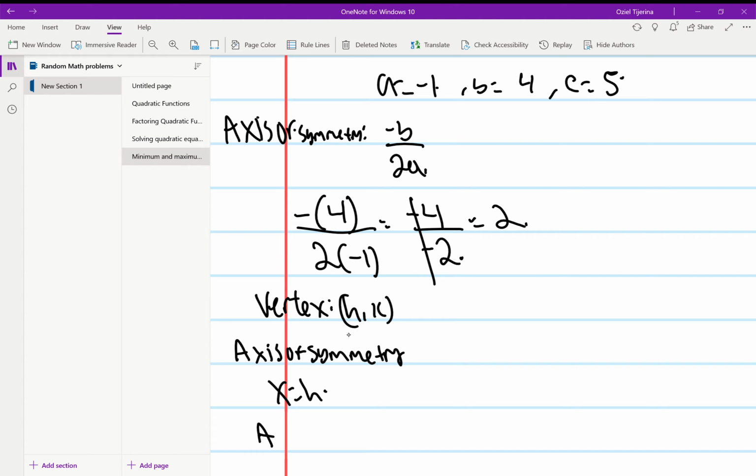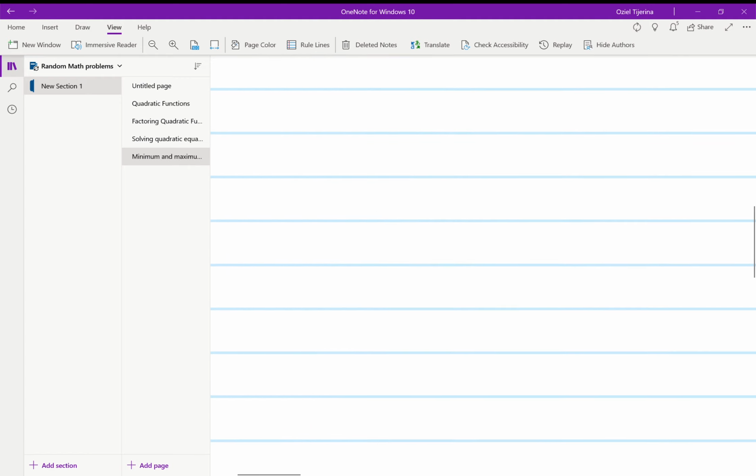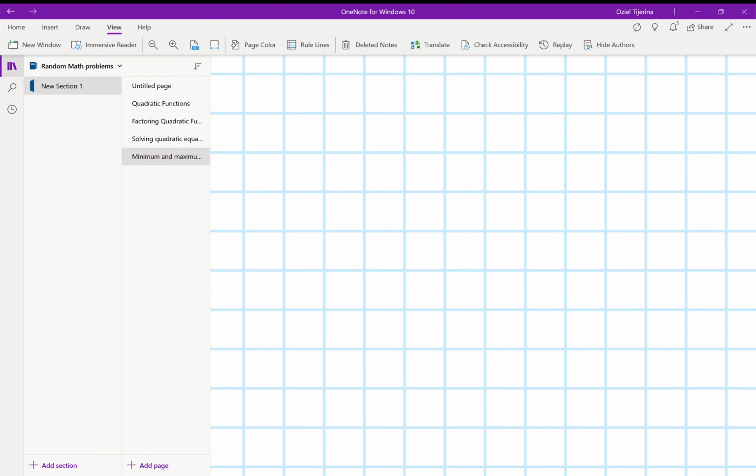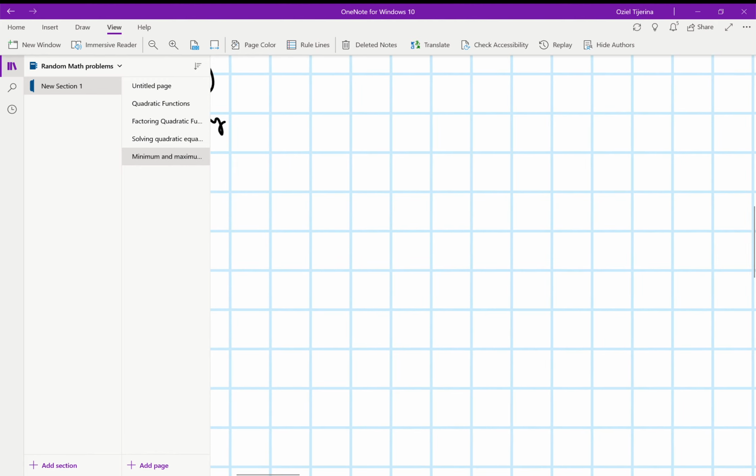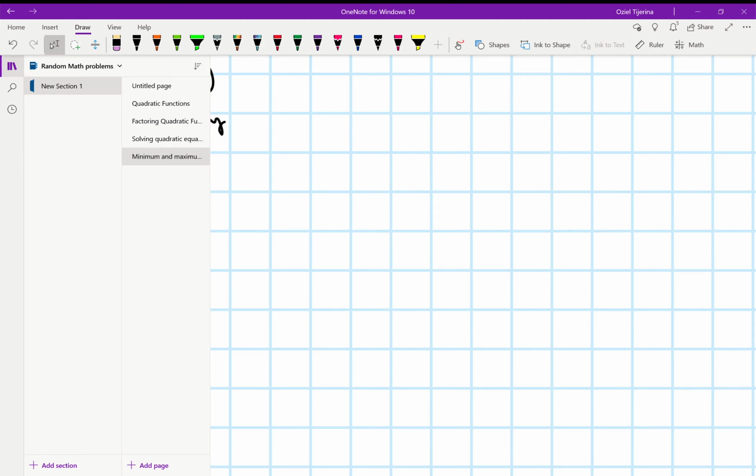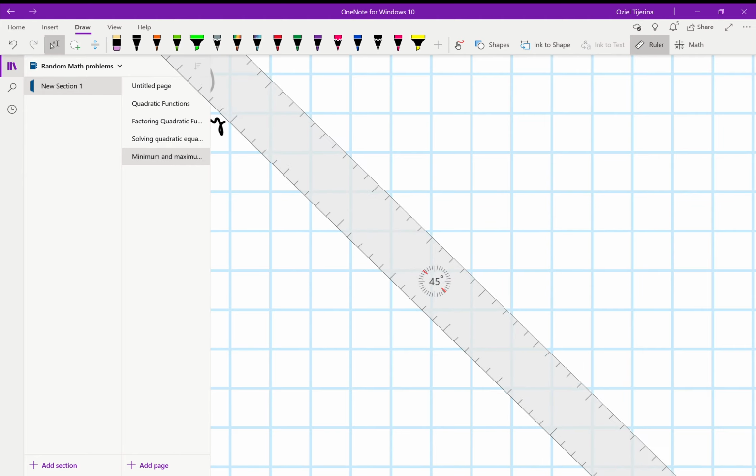So the axis of symmetry is x equals 2, okay? Then you want to go ahead and first draw your graph, or if you already have one, you can just skip this part. But I'm going to draw my graph here.